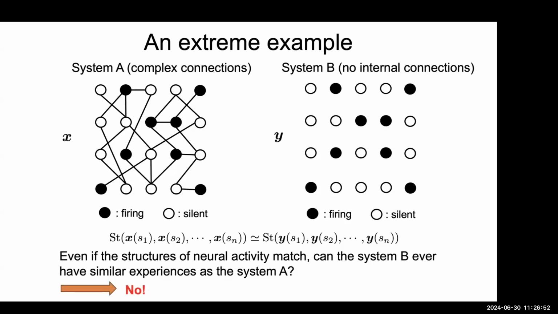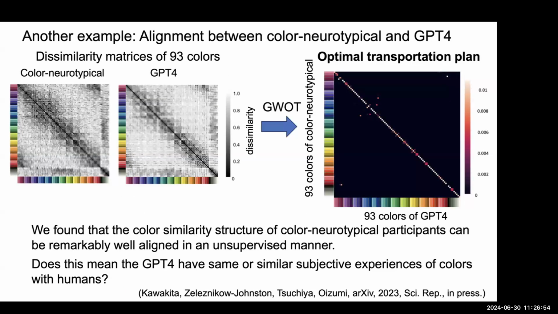Seems like a no. Another example is that we actually found a very good alignment between human color-neurotypical participants and GPT-4 deep neural network models for these 93 color similarity structures.